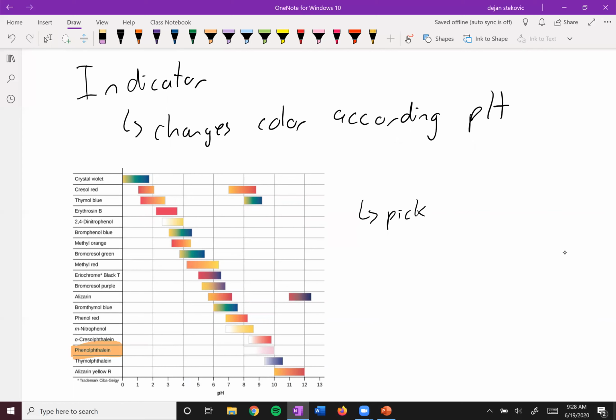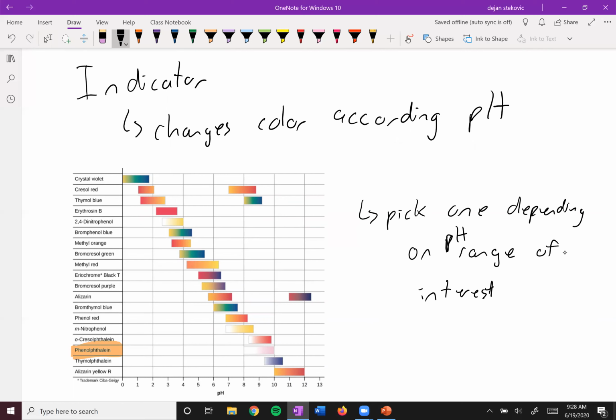So pick one depending on the pH range of interest.